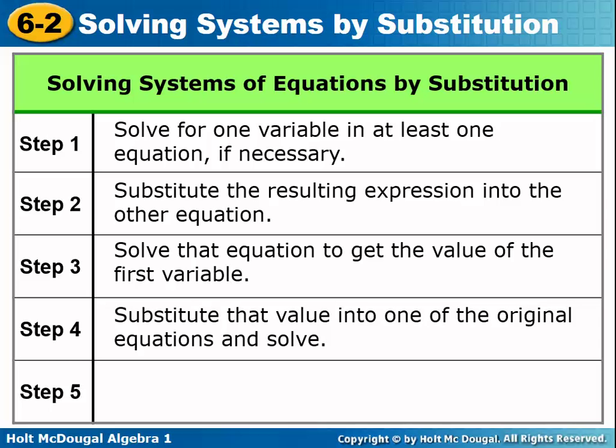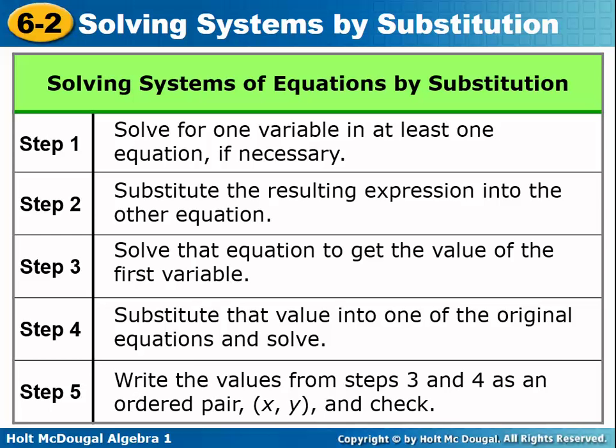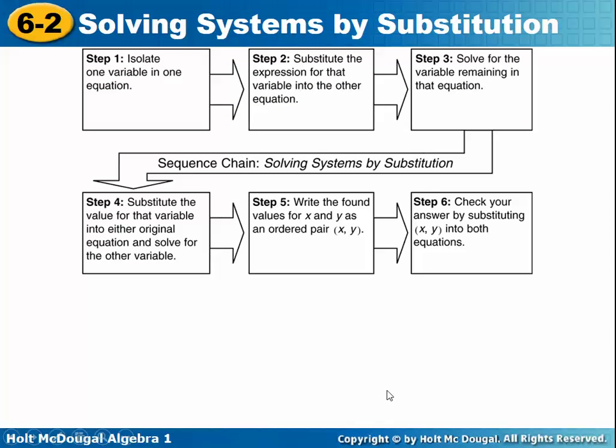In step 4, we'll substitute that value back into one of the original equations and solve to find the value of the other variable. Then all we need to do is write that as an ordered pair, (x, y), and check. Sometimes the last step would be step 6, which would be to check your answer and see if it works in both of your equations.